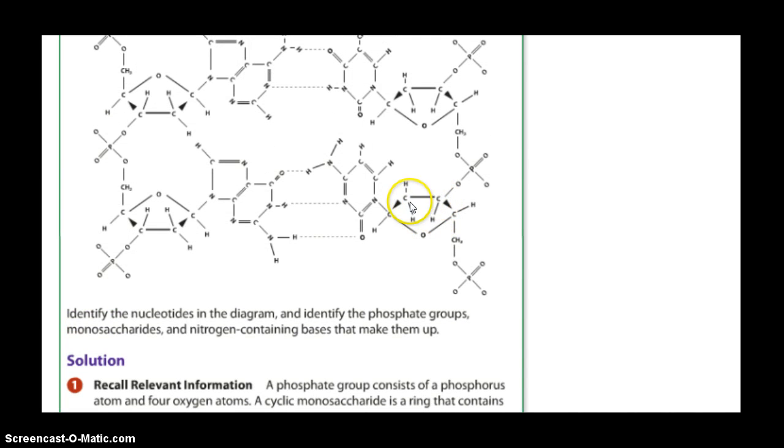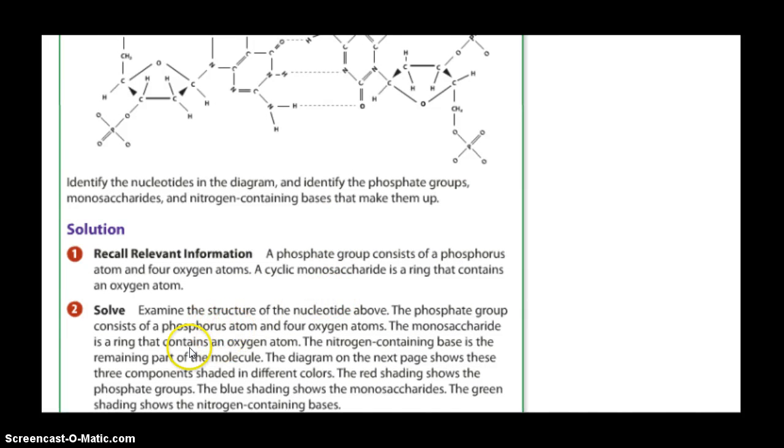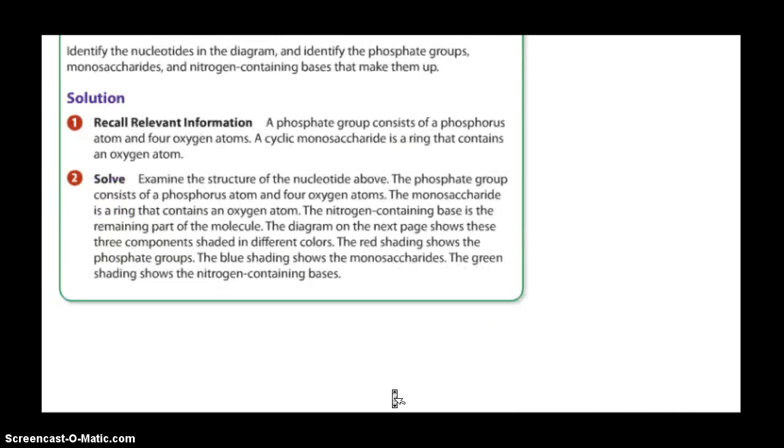So right here, right here, right here, and right here. And I think the first one I kind of made it seem more like a triangle. It's that pentagon shape. Okay. And then the nitrogen-containing base is the remaining part of the molecule. The diagram on the next page shows them shaded in a different color.